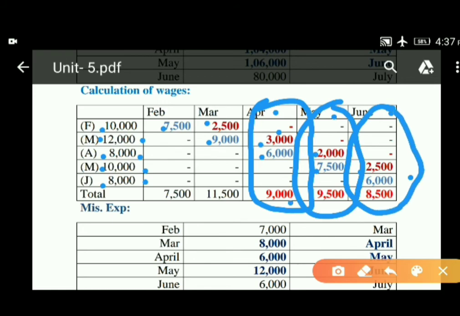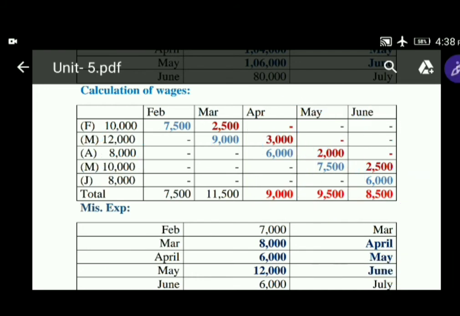In this 9,000, 6,000 are present month and remaining 3,000 are previous month wages. Out of 9,500, 7,500 are present wages and remaining 2,000 are previous month wages. And here also, out of 8,500, 6,000 are present month, that is June wages, and remaining 2,500 are related to previous month, that is May wages arrears. So here 9,000, 9,500, 8,500 we will take.